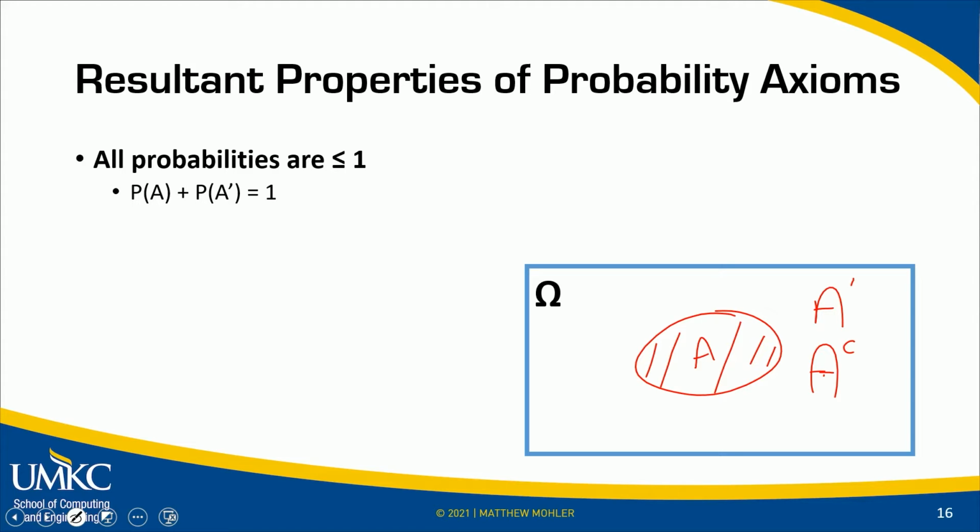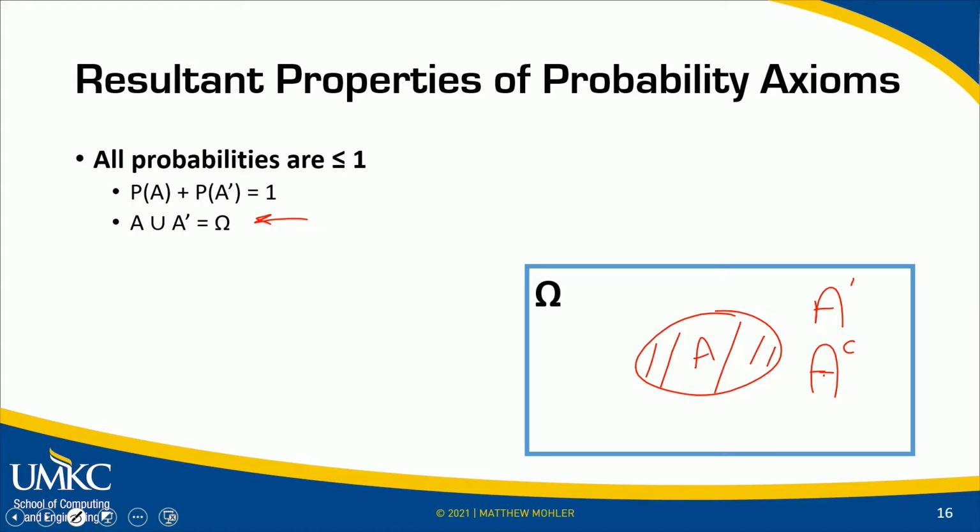It's also interesting to note that A unioned with A complement is equal to omega. It's basically saying the same thing in a slightly different way, and this version just uses set notation to say that the elements within A unioned with the elements of A complement are equal to the sample space, or omega.